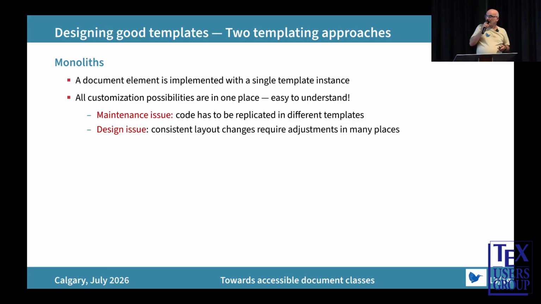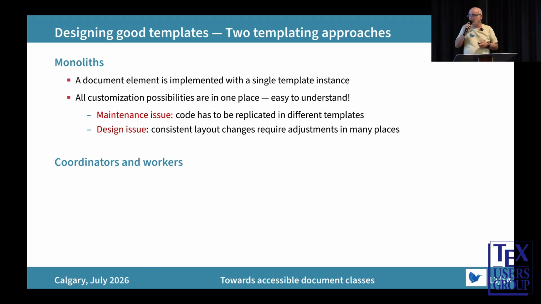It has some maintenance issues because all the code needs to be replicated in each and every template. That's the problem. If you want to make layout changes, you have a lot of changes to make. For example, if all your headings get a little bit more space on top, you change hundreds, no, not hundreds, 6 or 7 templates to make the changes. So that's a certain sort of downside to it.